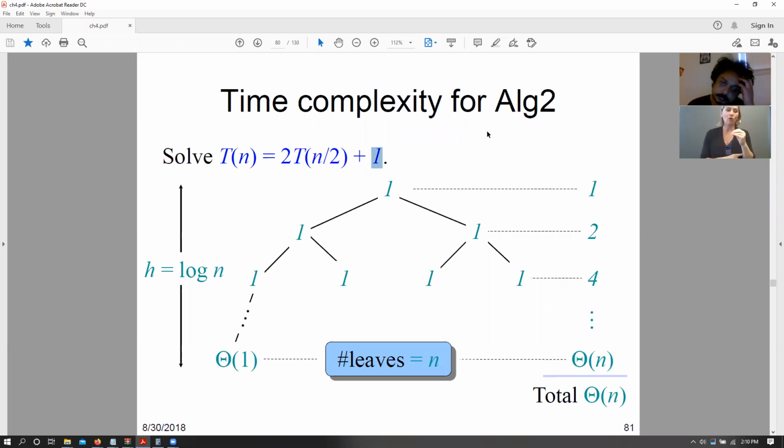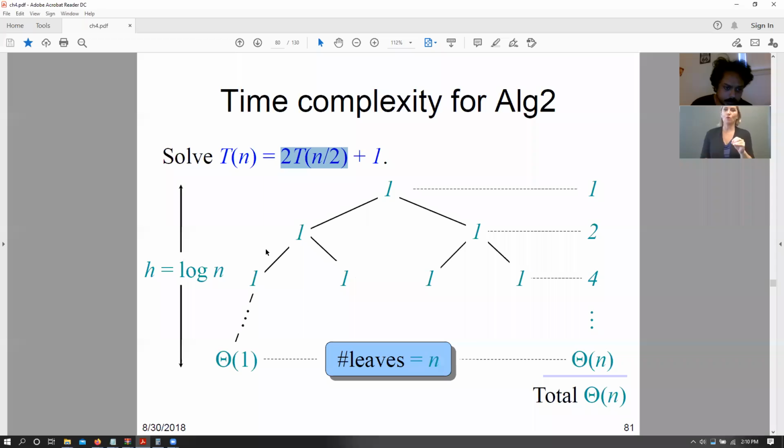So this was an example of an algorithm where the merging process requires constant time, while this was the time complexity for dividing your problem into 2.